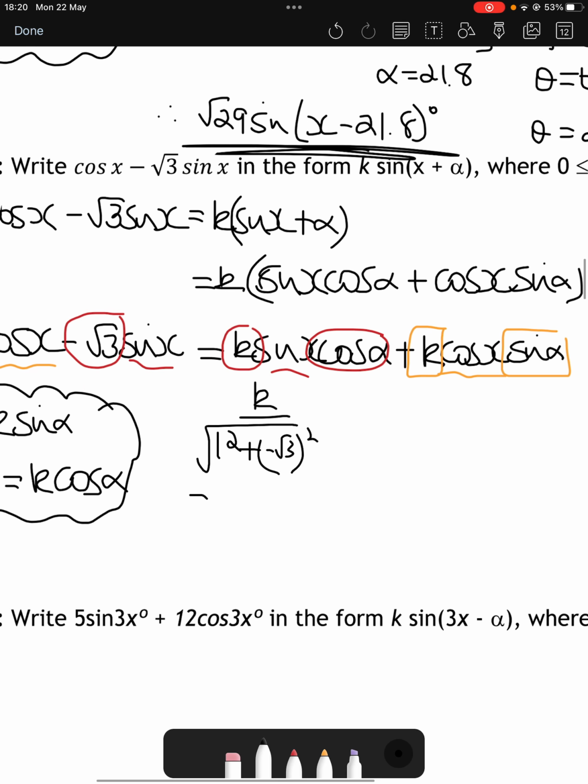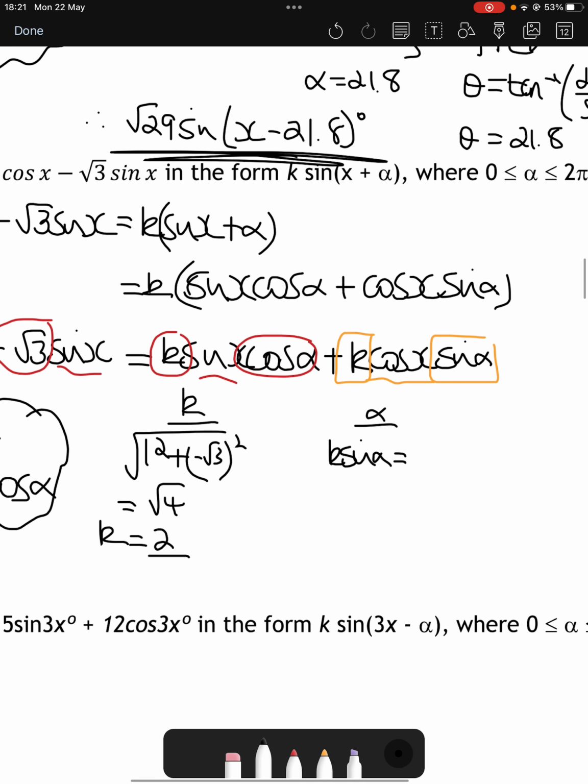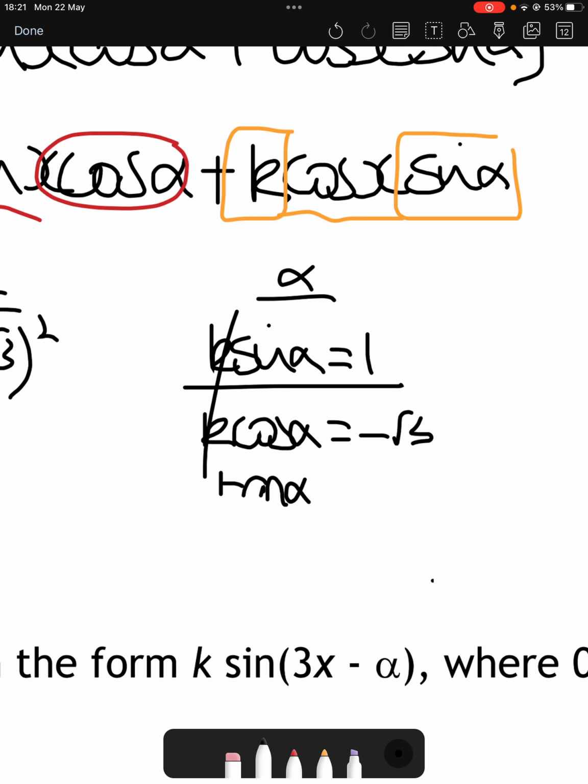If it's a non-calculator question, it's obviously going to be exact values. Chuck my negative to the side there.